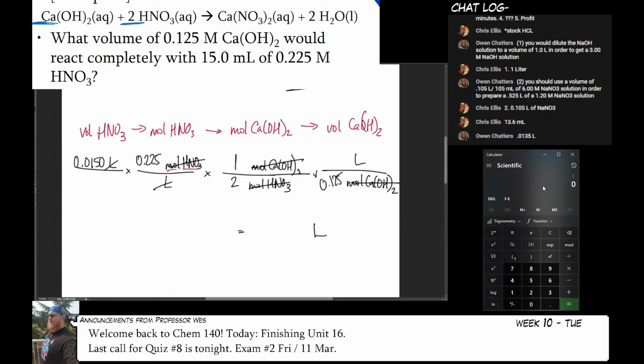So parentheses 0.0150, 0.225, 11, so we'll do that. And then 2 times 0.125. I get 13.5 milliliters, or 0.0135 liters. Either of those is good enough for government work.